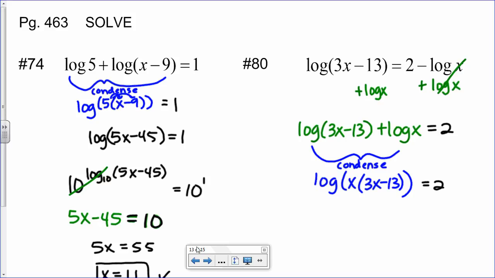Okay, let's go ahead and distribute. So I have 3x squared minus 13x equals 2.